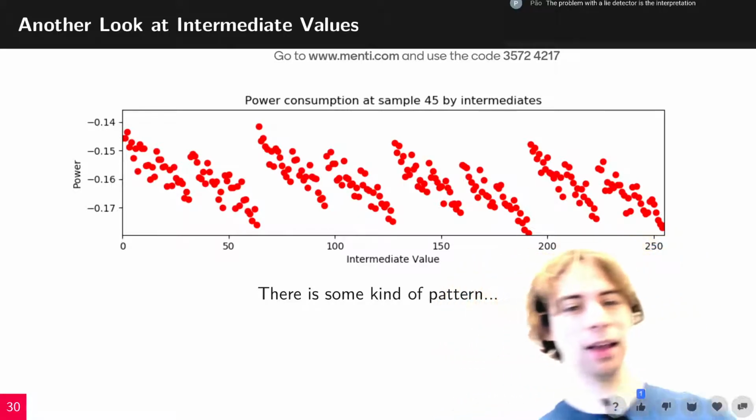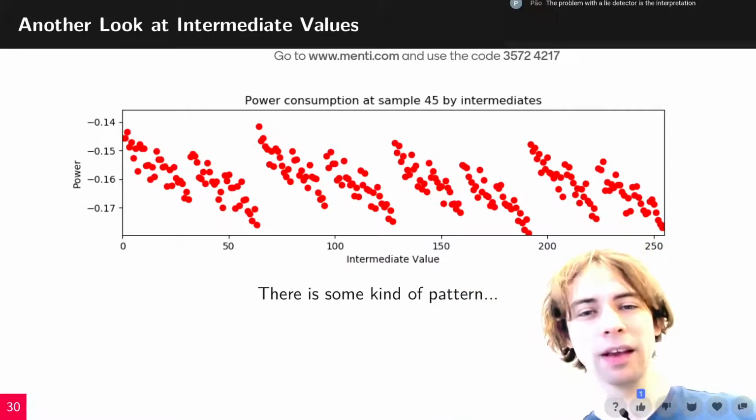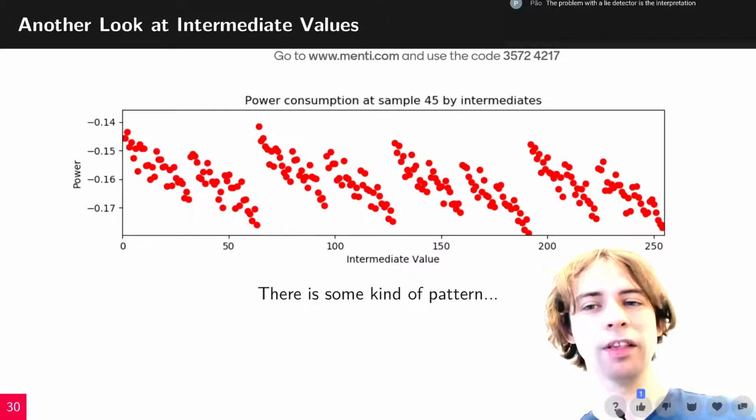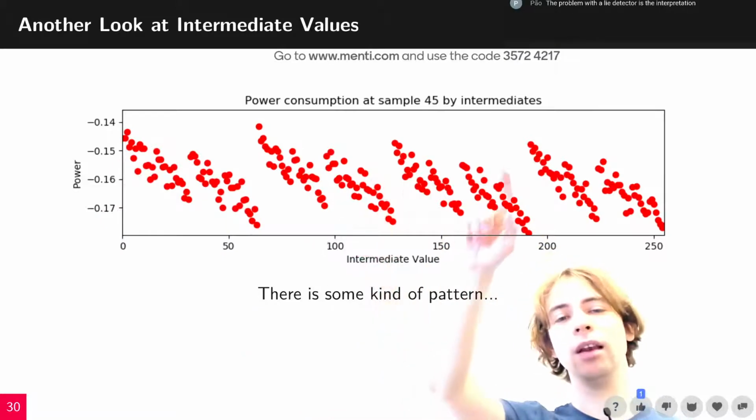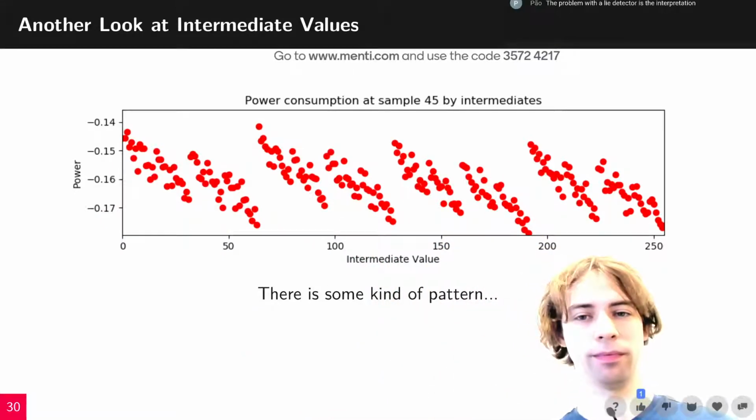So it looks like it's related to something that these numbers have in common. So what do these numbers have in common? Like 0, 64, 128, and 192.